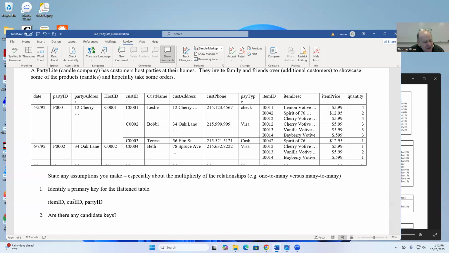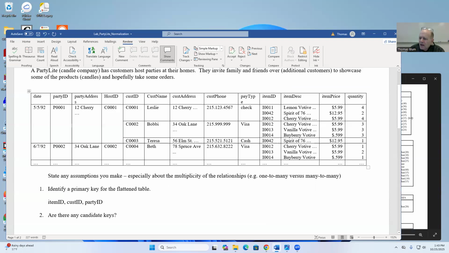We're thinking that is enough to identify the record: the customer had one order in the party, and all the things they're ordering are part of this. So we're thinking this might be enough. The party ID, the customer ID, and the item ID might be a primary key for this.